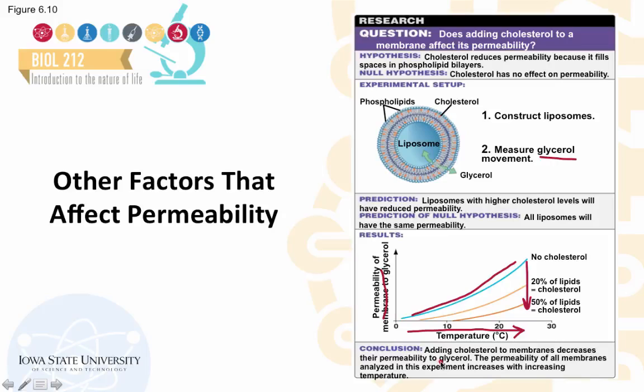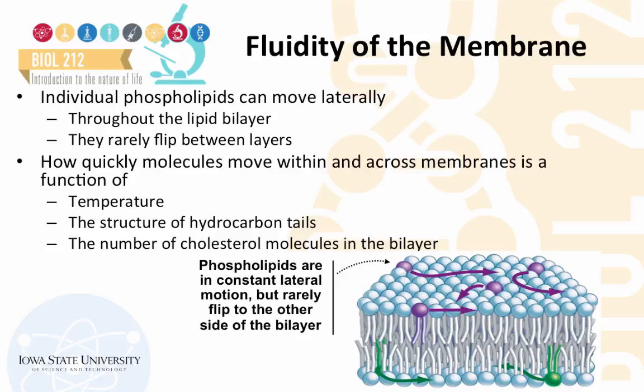Therefore, their hypothesis was supported, and they concluded that adding cholesterol to membranes decreases their permeability to glycerol. In addition to that, they also noted that the permeability of all membranes that were analyzed in this experiment increased with increasing temperature.